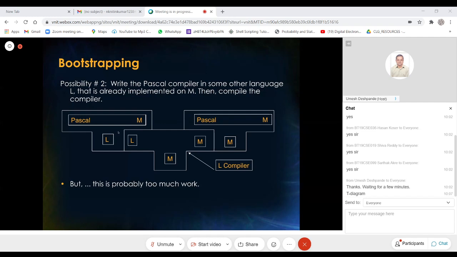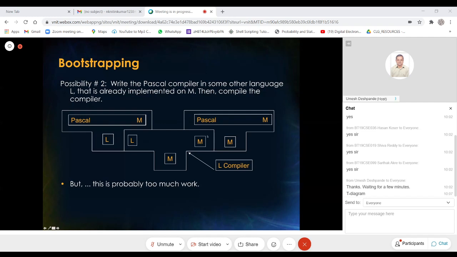So even though we have the support of an assembler, since writing this compiler is tough in assembly language, we now have the facility of writing this compiler in a higher level language L, which we assume is much more convenient and easier for us. So the Pascal to M translator we have written in L. And now since that translator is a program in L, we can send it to this L compiler, the translator which we already have, and it will give us an equivalent version of this Pascal compiler.